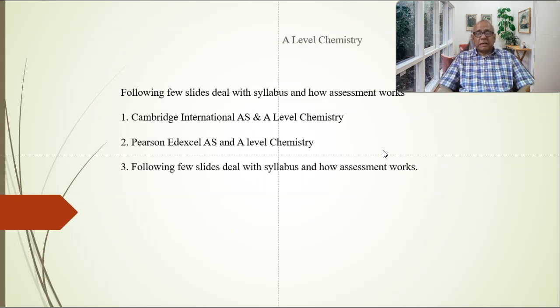This is what we are now going to talk about, that is Cambridge International AS and A-level chemistry and Pearson Edexcel AS and A-level chemistry. Many students follow these two types of chemistry, but if we compare these two, we will see that there is very little difference.